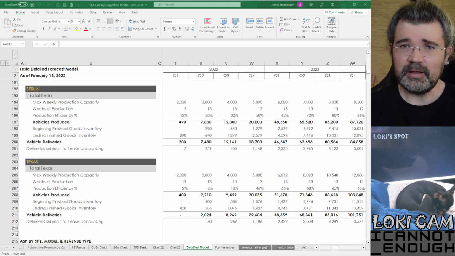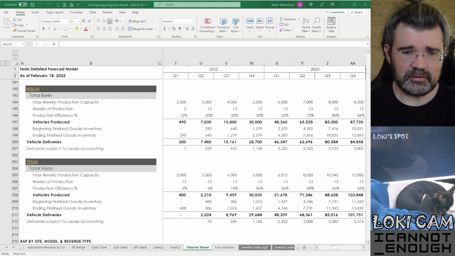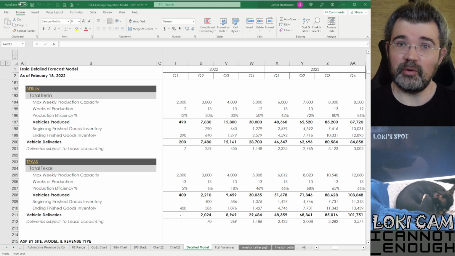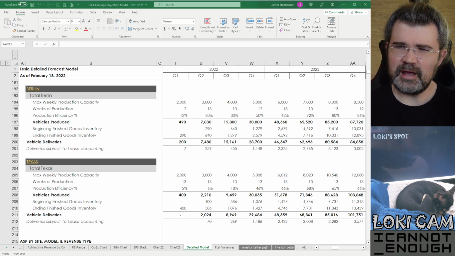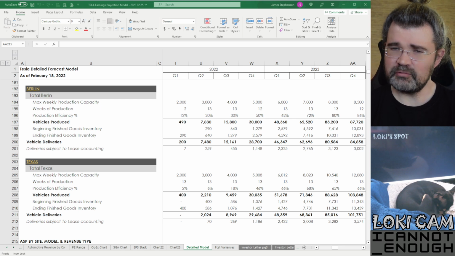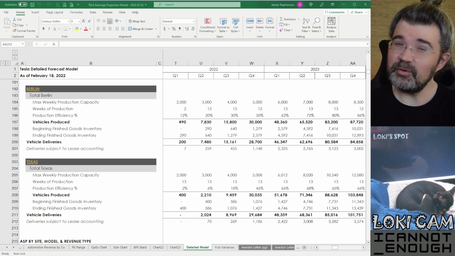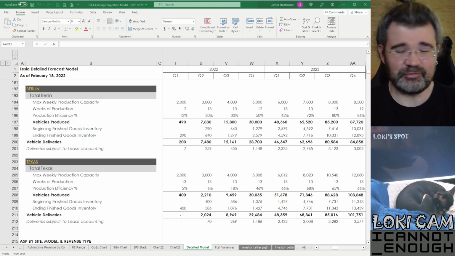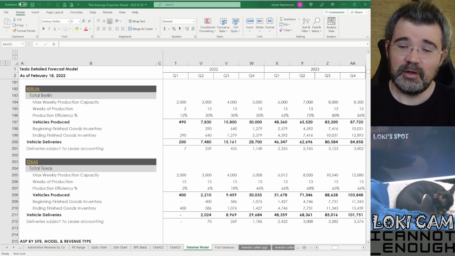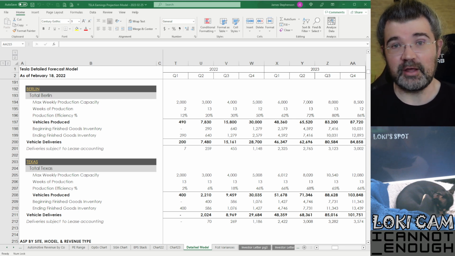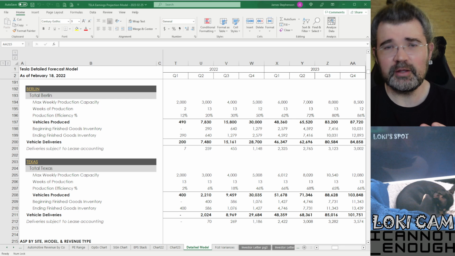Well, in the second stage, we've got to figure out how to forecast how much revenue Tesla is going to make. So we already have one of the pieces we need to do that from stage 1. We have the deliveries. Deliveries are really the only number we forecast in stage 1 that we're going to use from here on out to figure out how to forecast the income statement for Tesla.